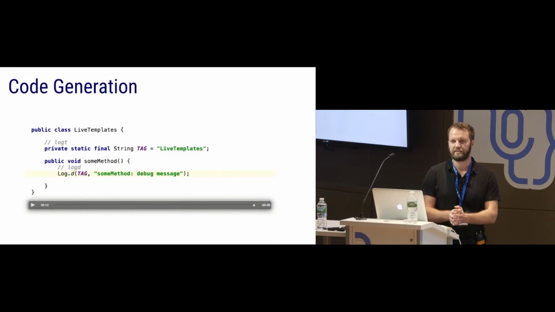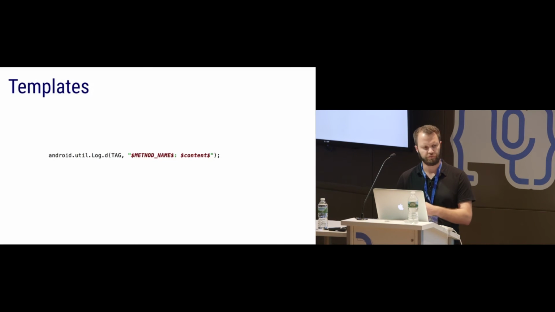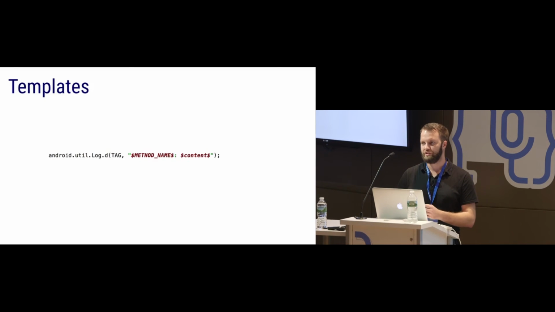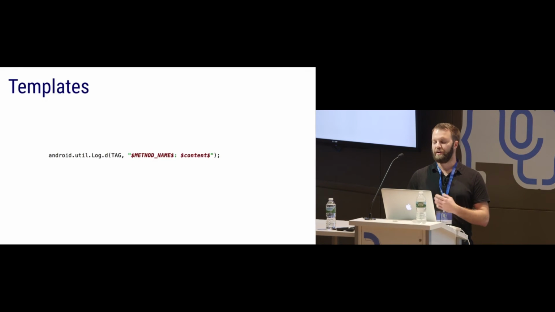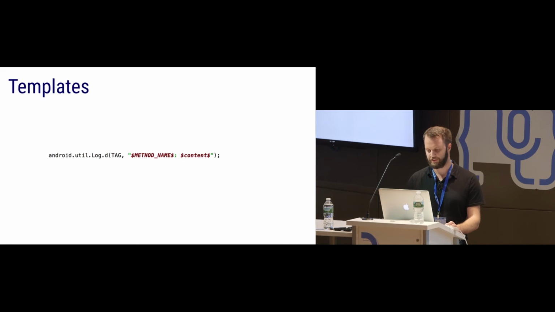So the way that it works is, you write your Java code with your fully qualified class names, your methods, whatever you need. And after that, what you can use are variables. And these variables will be either expanded using different methods that are built in Studio, or will simply serve as placeholders so that you can type your code.